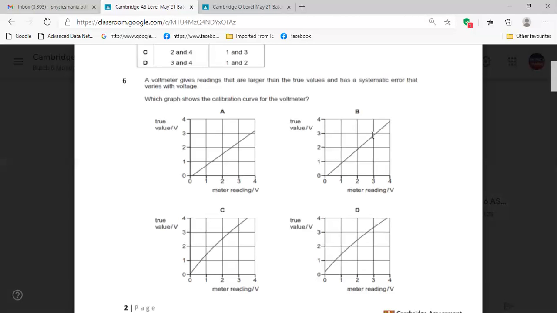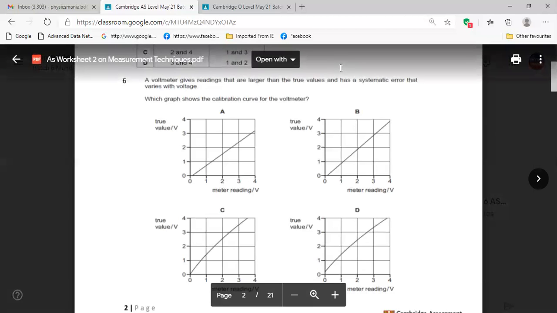Yes, sir, I'm seeing it. Look here, if you think of meter reading, for 1 we are having almost 0.9, right? So we are having 0.1 less than the true value. Again for 2 we are having 0.1 less.